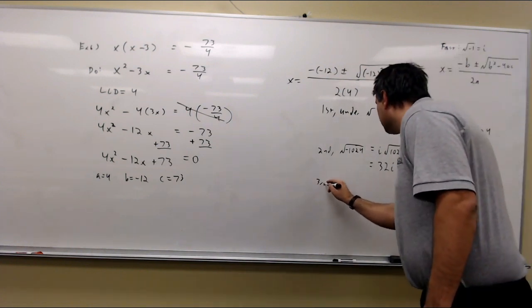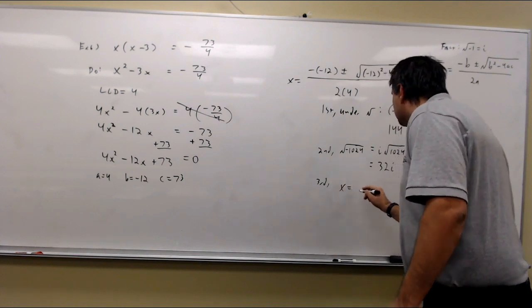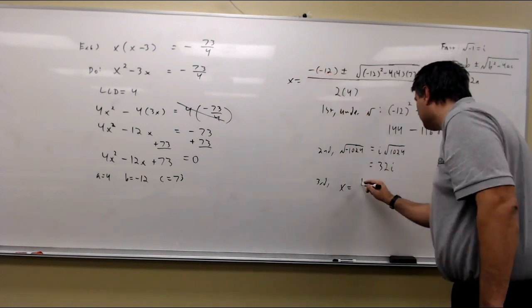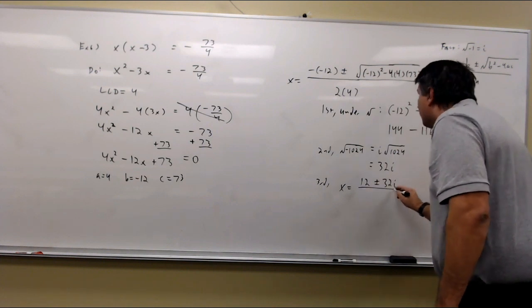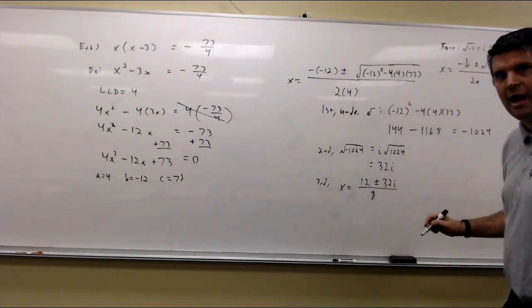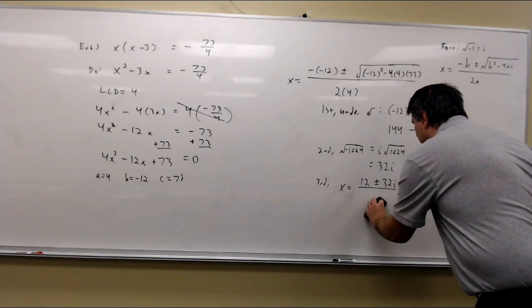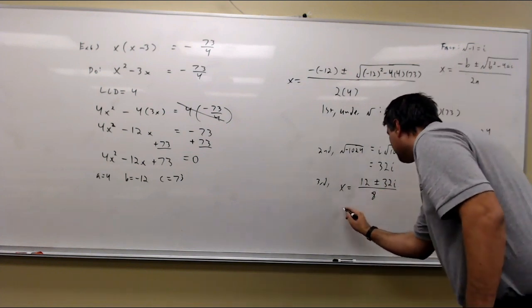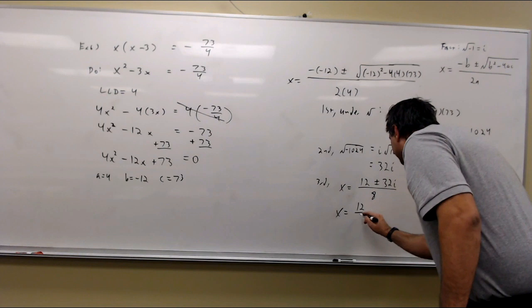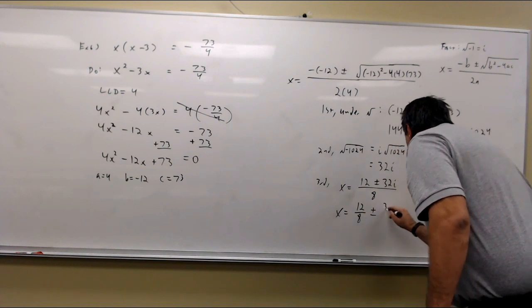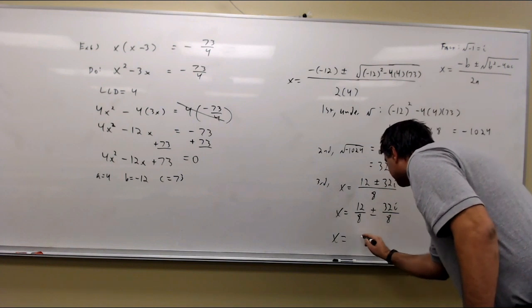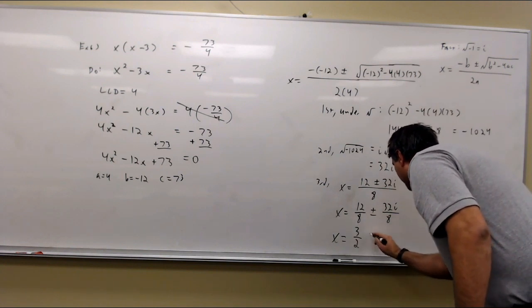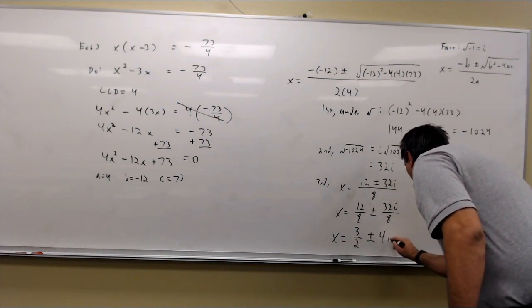So third, x equals positive 12 plus or minus 32i over 8. I'm going to split that up into x equals 12/8 plus or minus 32i over 8. So x equals, this reduces to 3/2 plus or minus 4i.